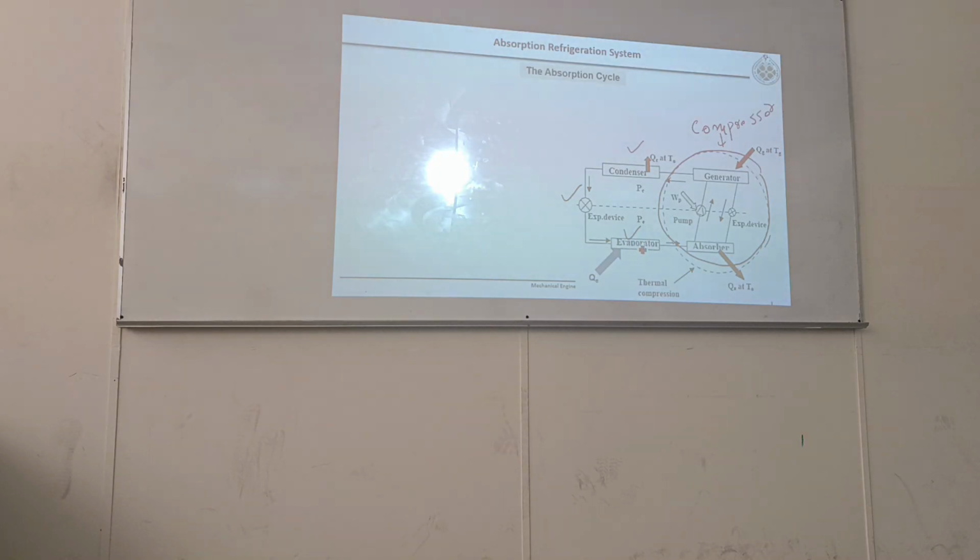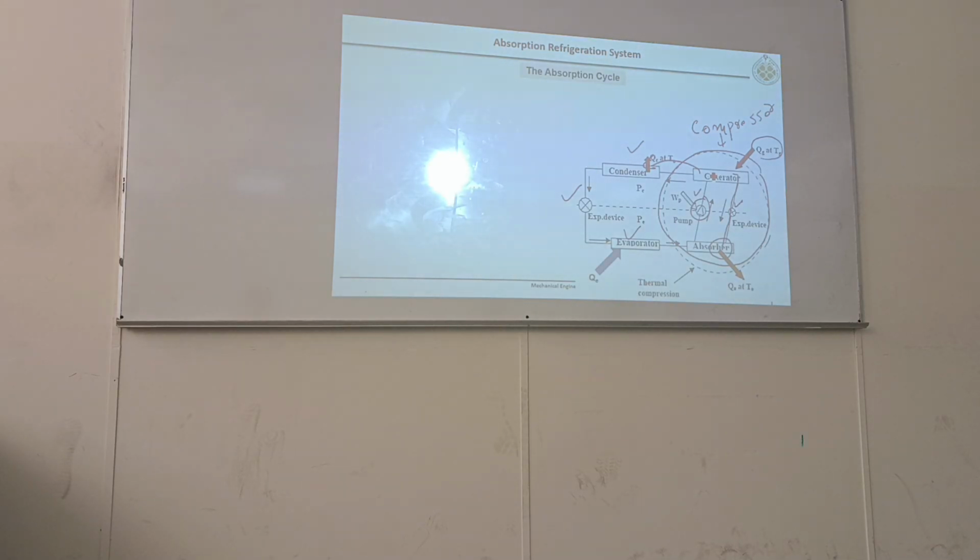Whatever refrigerant was evaporated is now absorbed here. In the absorber, this vapor becomes liquid, and this liquid is pumped to the generator. In the generator, we supply heat so that the refrigerant evaporates and the strong solution comes back. So we are using a pump, because in the pump the pressure is increased.